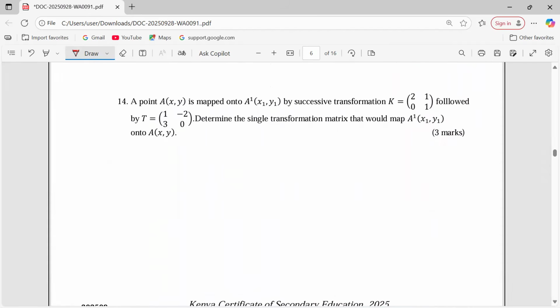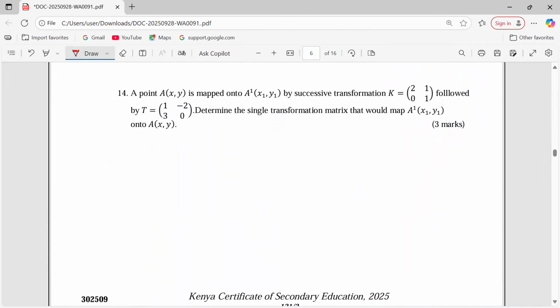At number 14, a point A, (x, y), is mapped onto A prime, (x1, y1), by successive transformation K followed by T. Now determine the single matrix that would map A prime onto A. First, we're supposed to know that there is a matrix of transformation that can represent the successive transformation that maps A to A prime.